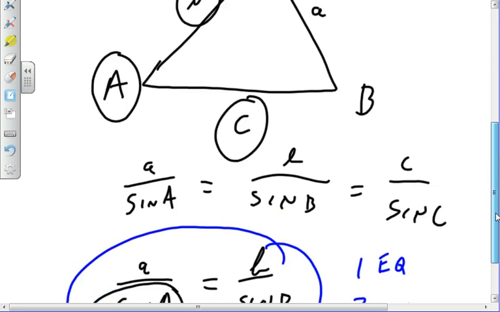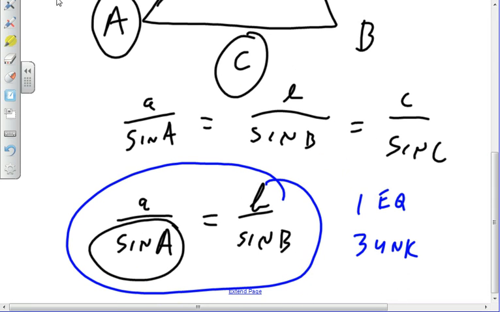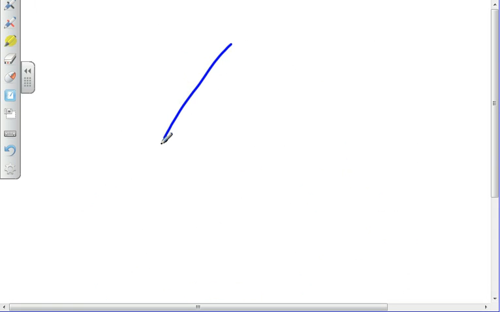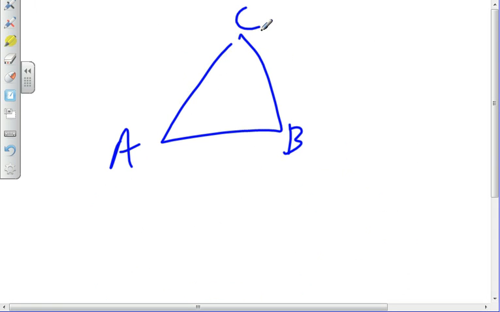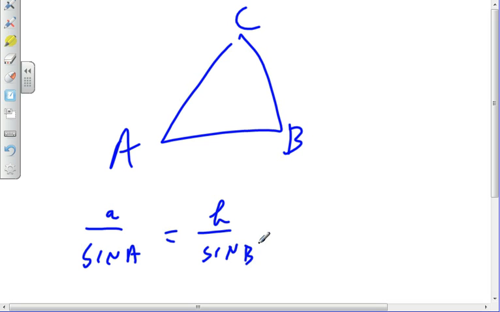How about if we have another one? Here's A, B, C. I know those angles, but I don't know any of the sides at all. So I look at a over sine A and b over sine B. What do we call that?